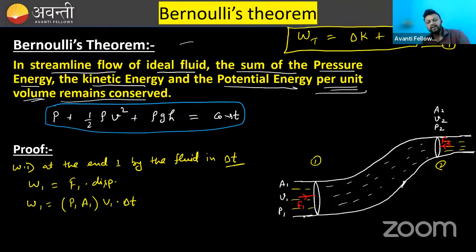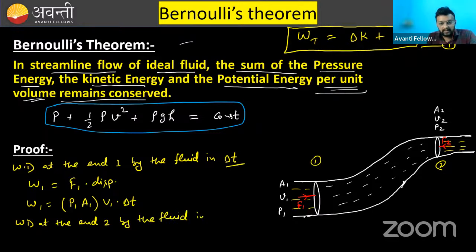Now the work done at the end 2 by the fluid in delta t time. Again, I am calculating the work done by the fluid at the right of it.